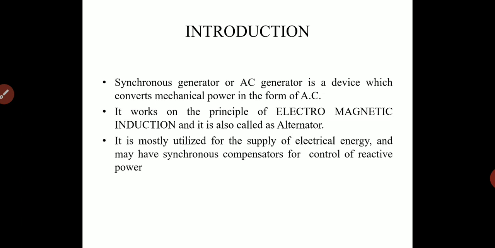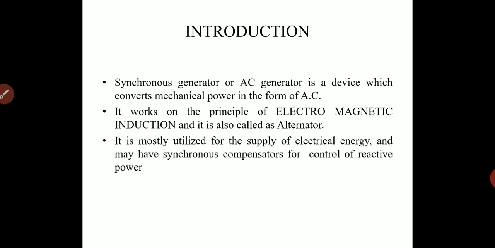The next question is why it is named synchronous generator. It is named synchronous generator because the output frequency is synchronized with the mechanical rate of rotation of the field of the generator.